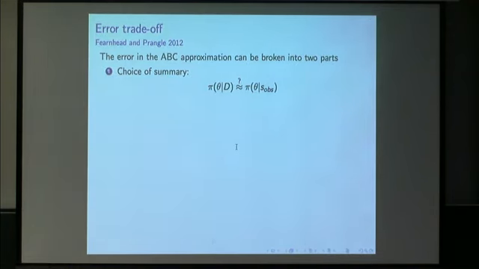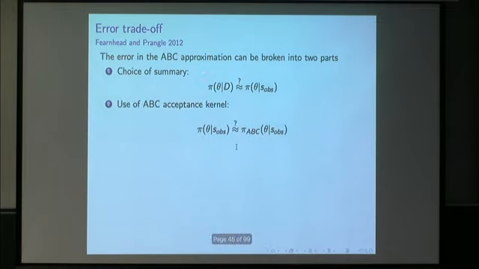So there are two aspects to the ABC approximation. There's the error that we accrue when we summarize. When we use the summary instead of the full data, we get an approximation here. The other approximation is from using this ABC kernel, from saying accept if we're close only, and if we're not close, don't accept. So two sources of error, one that accrues from summarization, one that accrues from the ABC step, and they trade off against each other.